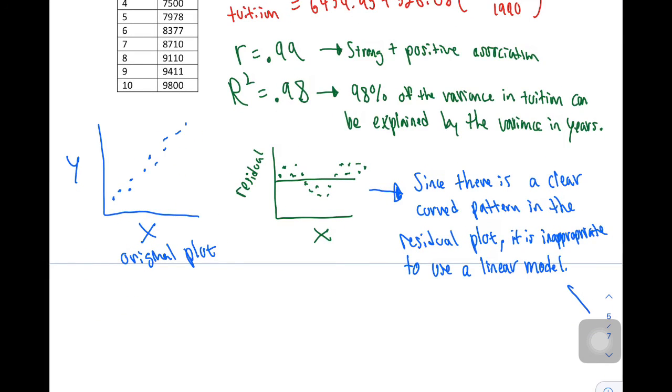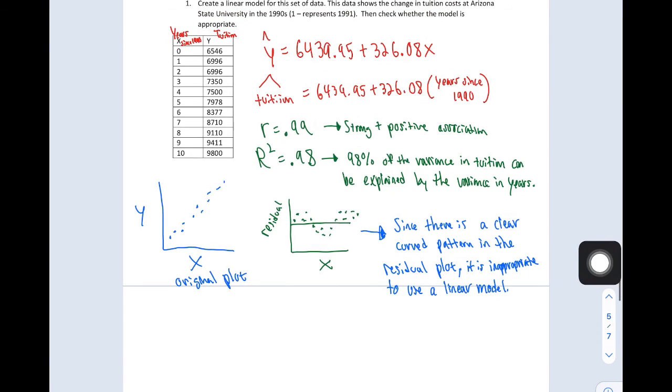So we won't get into curved models, but maybe an exponential model or even a quadratic model might be something that's more appropriate. But since we see this curvedness right here, we know that we should not be using a linear model.